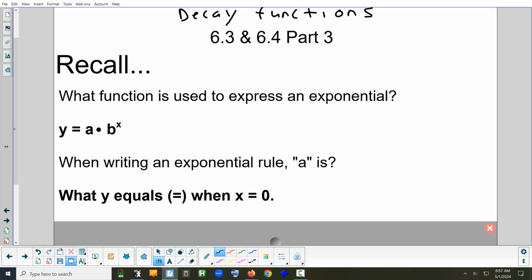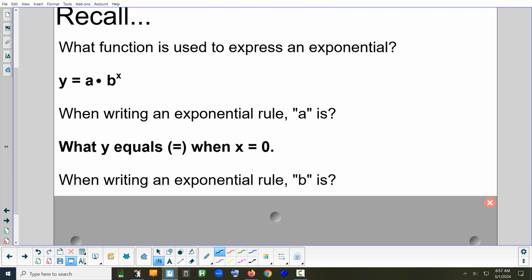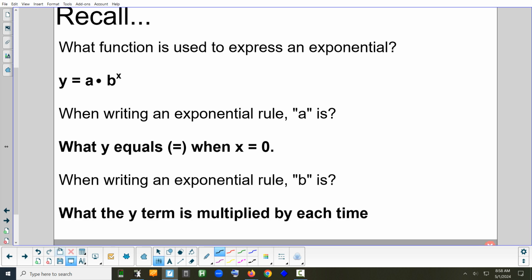Yep. And how do you figure out the b? That is the pattern. And what kind of pattern do you have to have for it to be exponential? Multiplication. Yep, exactly. It's what the y term is multiplied by each time.